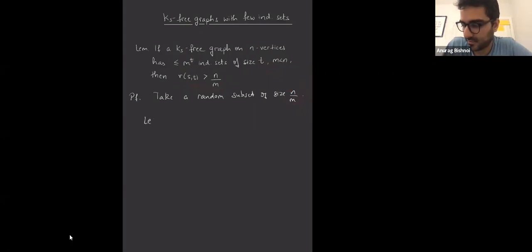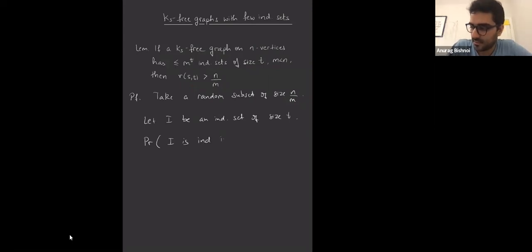So let I be an independent set of size t in your original graph. Then what's the probability that I stays independent in the subgraph?